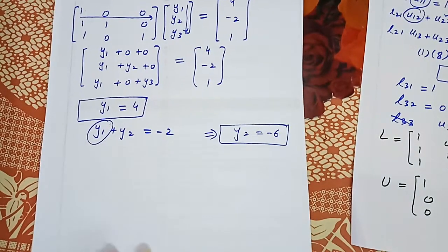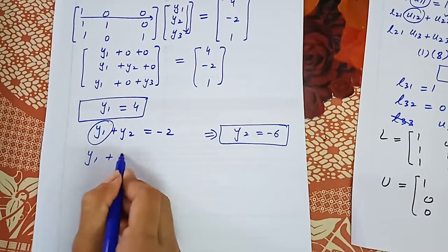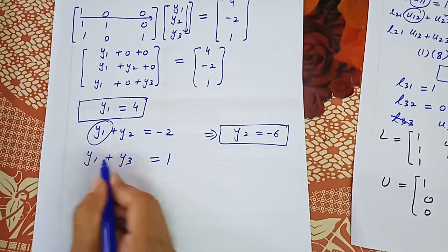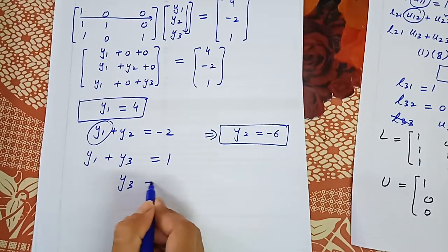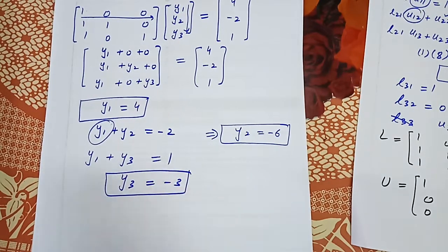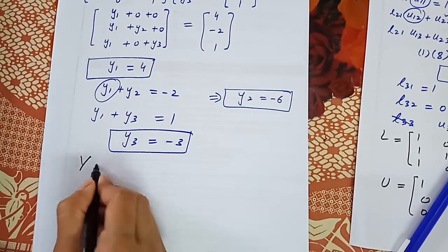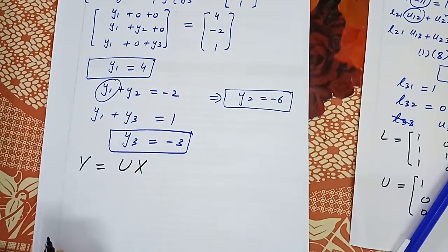Now from the third equation, Y1 plus Y3 is 1. We will get here Y1 is 4. Subtract it on the other side. So we'll get Y3 equals minus 3. We got these three values. Now we have the third and the last equation. And what was the last equation that you need to use? Y equals Ux.